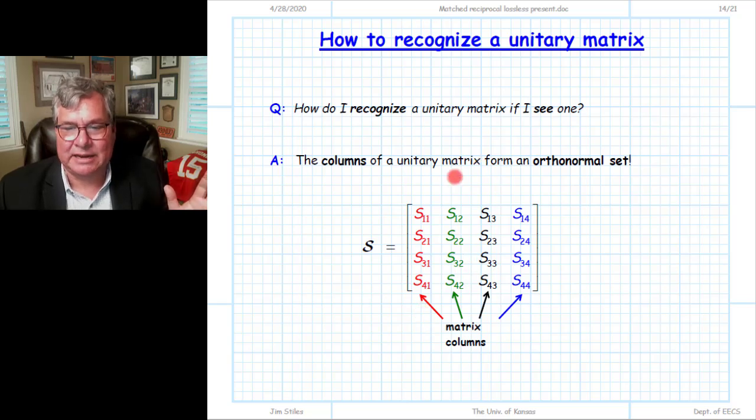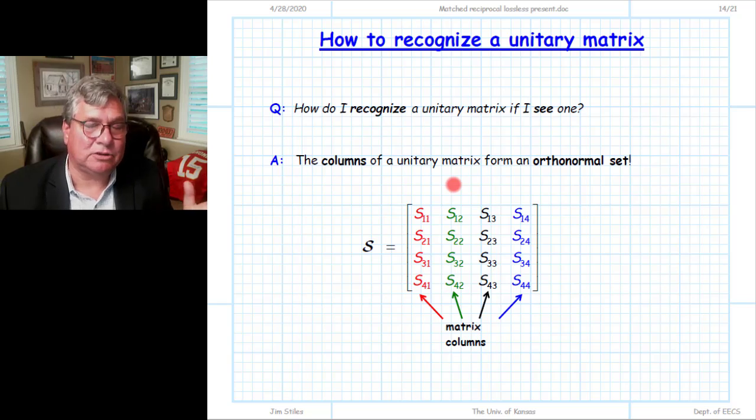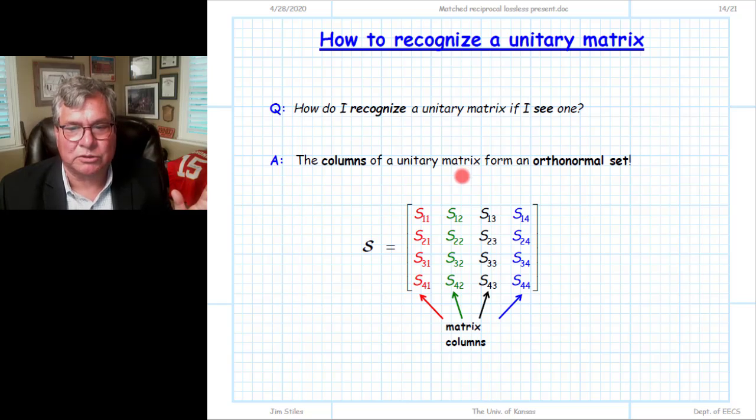Then we put an incident wave on port 2 and make sure there's a matched load on all the other ports, so there's no other incident wave. We see what scatters out of each port, and that determines the second column. Likewise with an incident wave on port 3 only, and port 4 only.